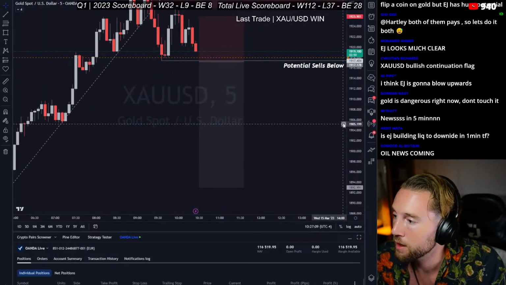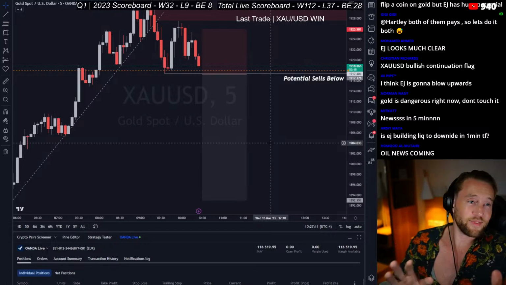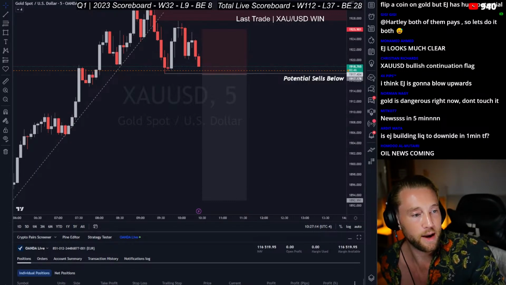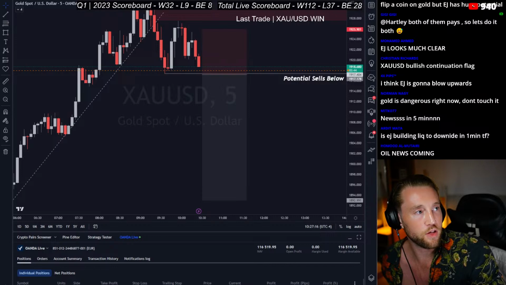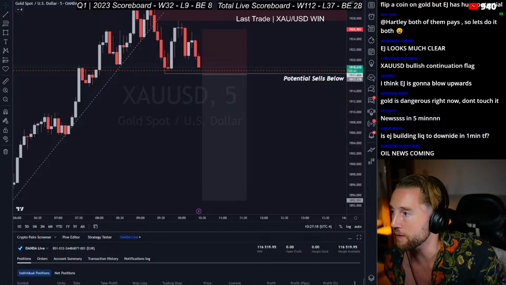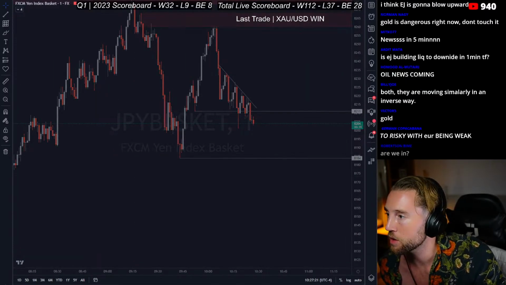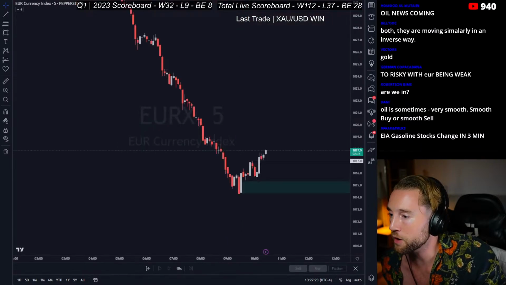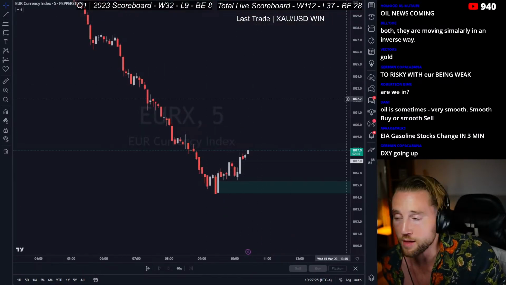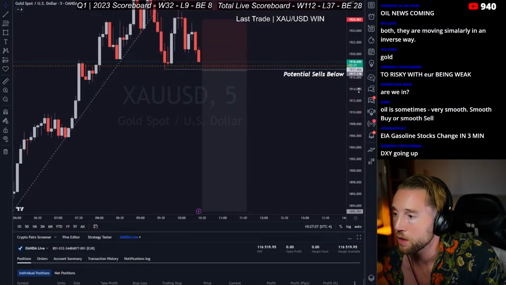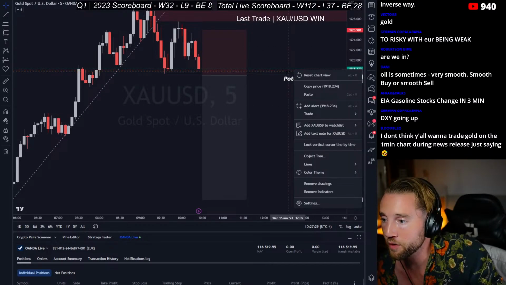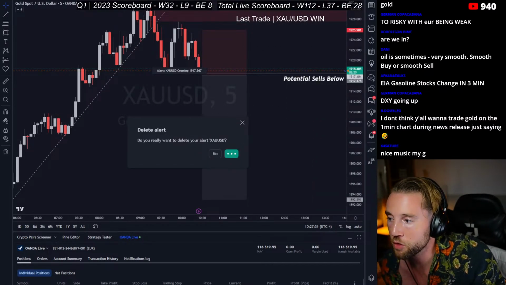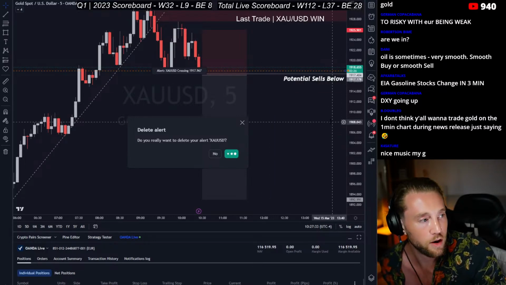All right, gold is looking a little bit better based on the volume, especially here. But it all depends on the yen. If the yen decides to break that low, or the euro decides to move further, we're going to see the expansion to the upside as well. They're both moving in inverted directions. So if gold comes down, you see the euro Japanese yen also pumping a little bit here.